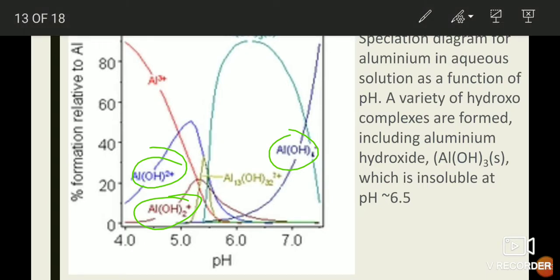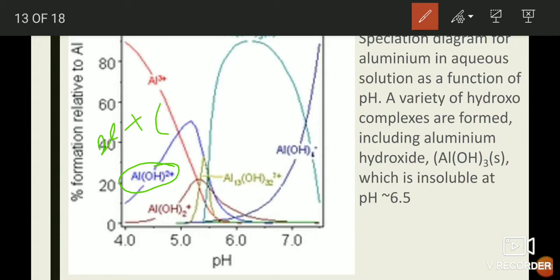In these aluminium complexes, various oxidation states are present. This aluminium is in the 3 plus oxidation state. To calculate it, consider aluminium as X plus OH minus 1 is equal to 2 plus, the overall complex charge 2 plus.